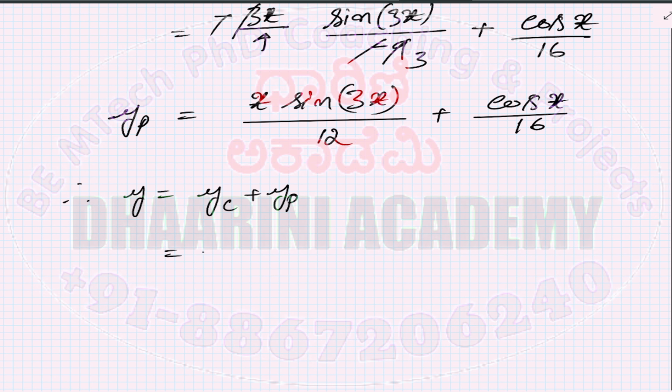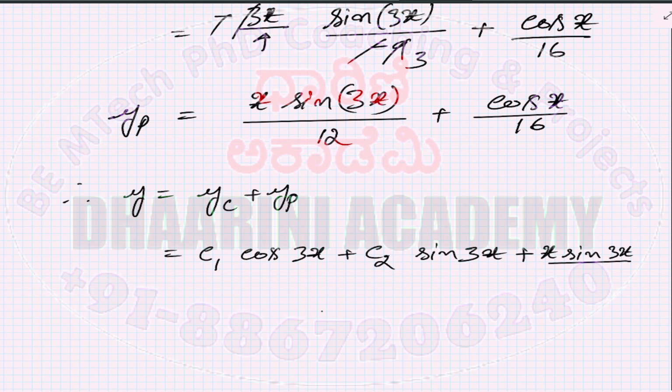So yc we already had collected as c1 cos 3x plus c2 sine 3x, plus the yp part, that is x sine 3x whole divided by 12 plus cos x by 16 is the final answer. That's the final answer we get for this particular problem.